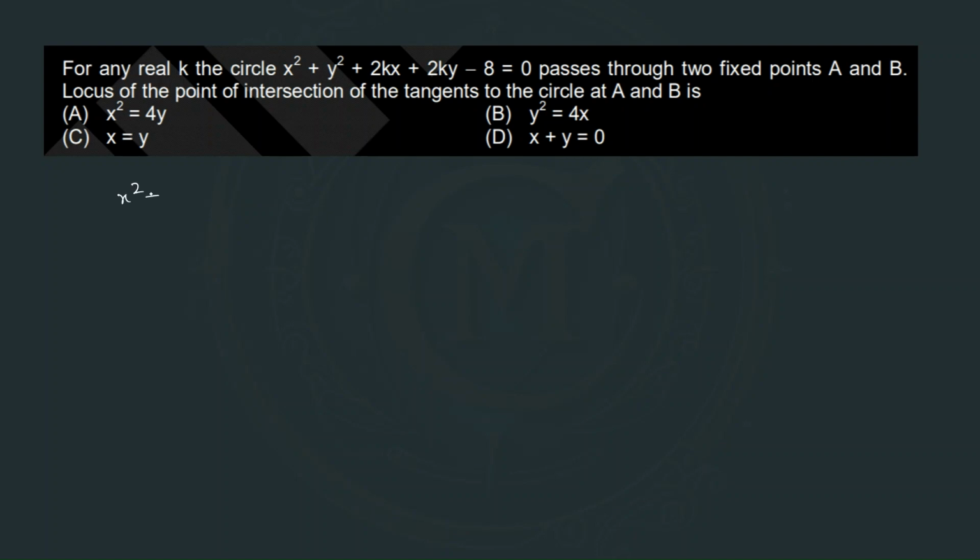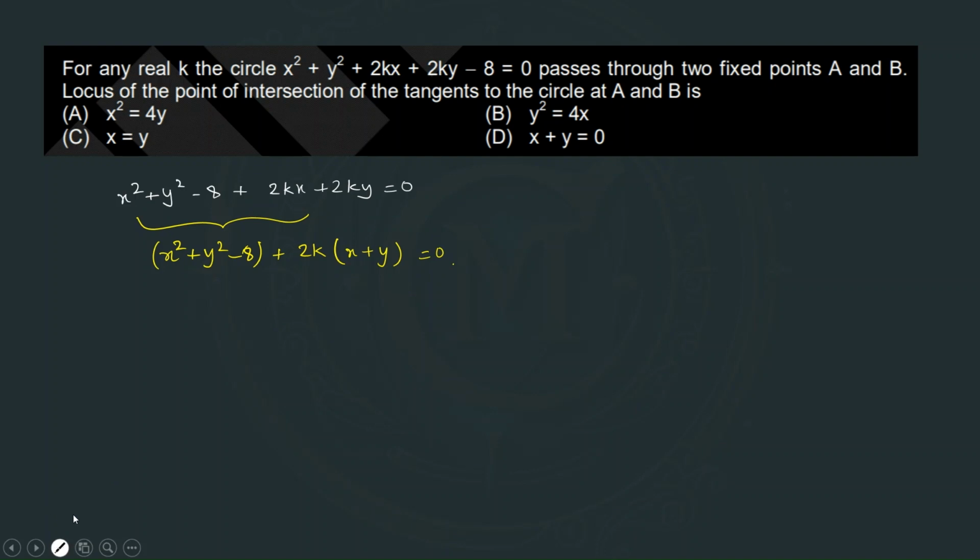So here this circle is like this, equal to 0. Now we can observe an important thing, that if we write this equation in this form, this is equal to x square plus y square minus 8 plus 2k times x plus y equal to 0. Now we can directly compare this form with a form which is S plus lambda L equal to 0.